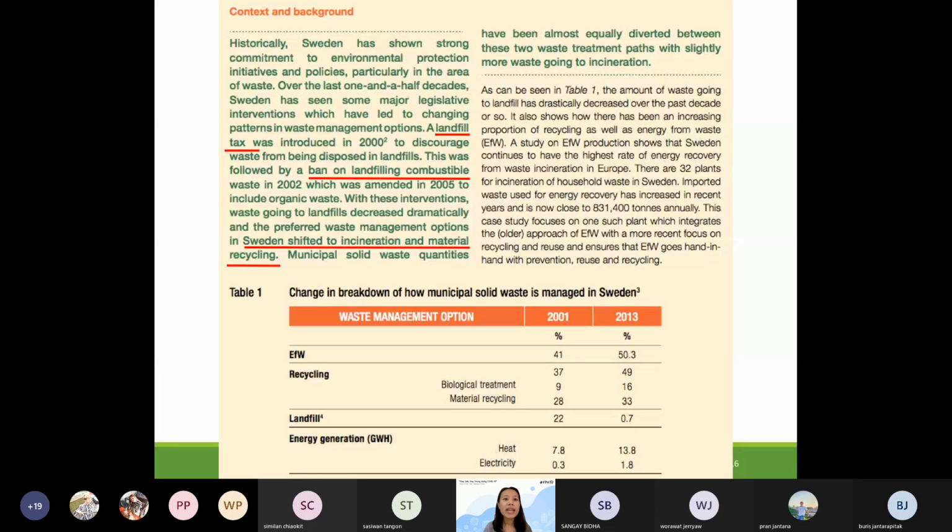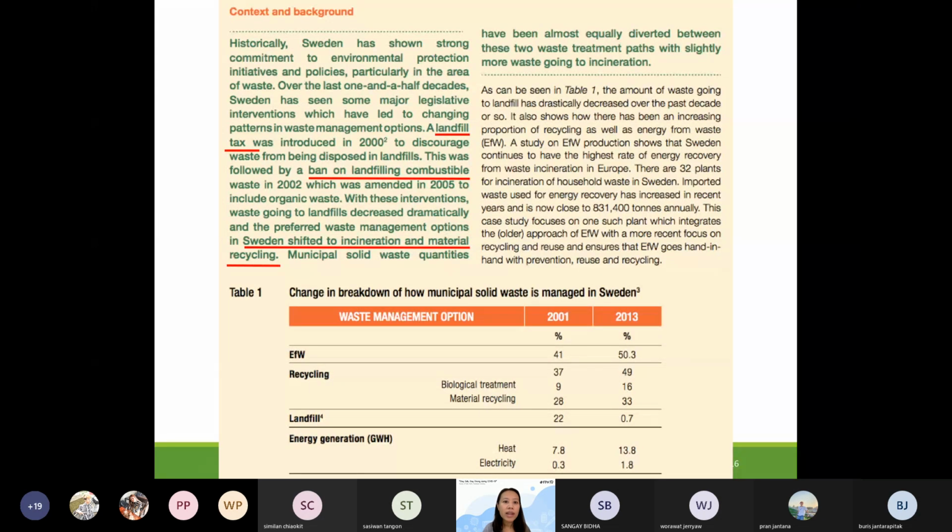In Sweden, normally they disposed of solid waste by landfill, based on a mix of combustible and non-combustible waste. But now they have a landfill tax.